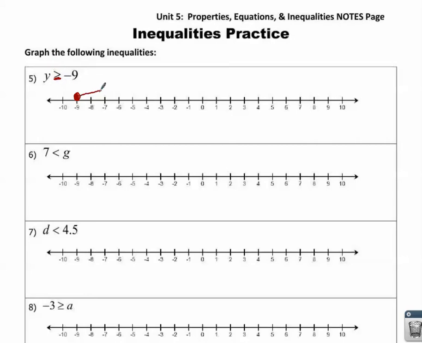So to represent it being greater, I need to shade to the right. Plug in some values to make sure that you did this right. For example, 0, which is within my shaded region. 0 is greater than or equal to -9. That is true.